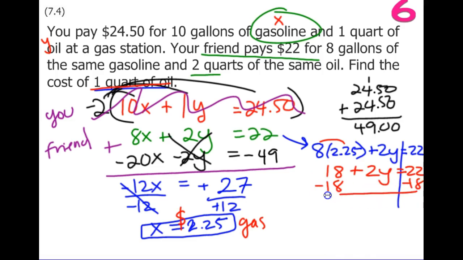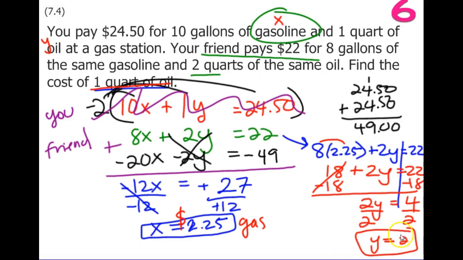Those eliminate, and we have 2y, and then 18 and 22. 22 minus 18 should give me 4. And then divide by 2. 4 divided by 2 is 2. So a quart of oil only costs $2.